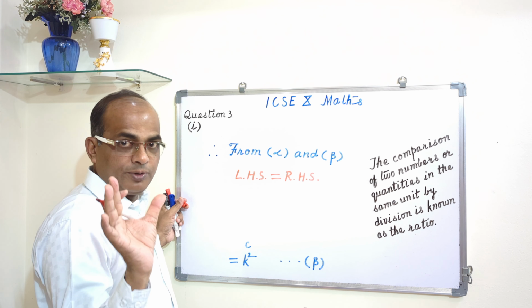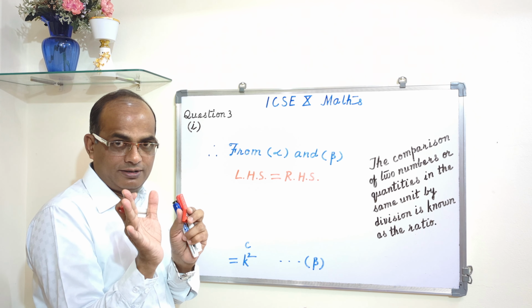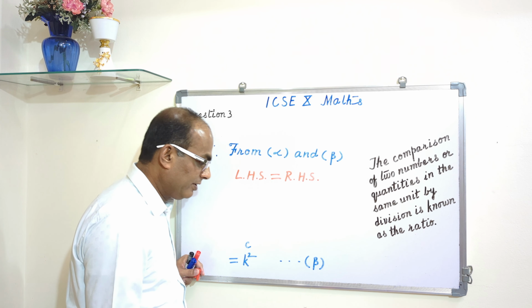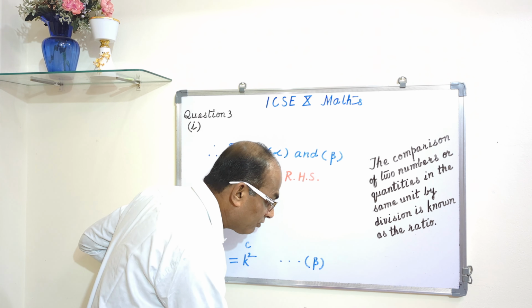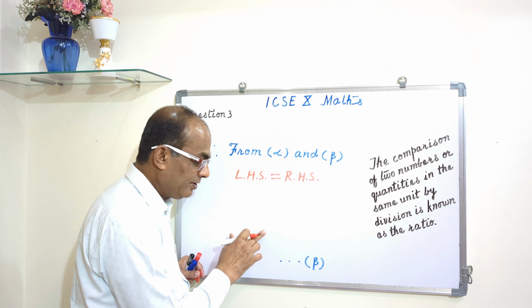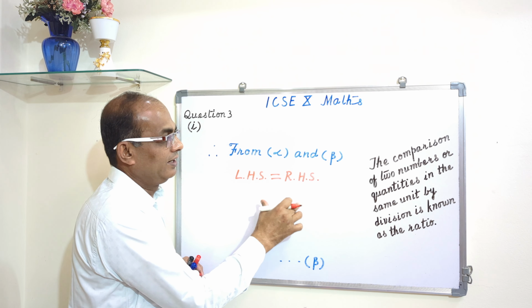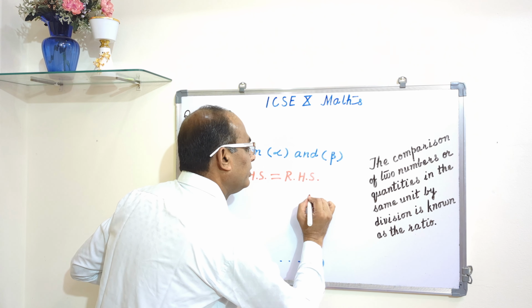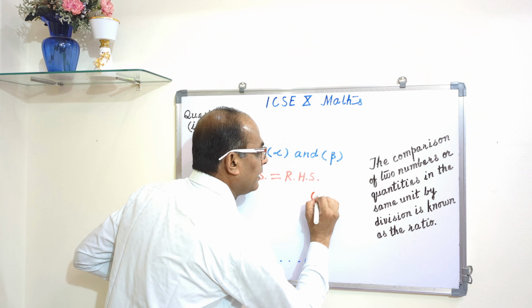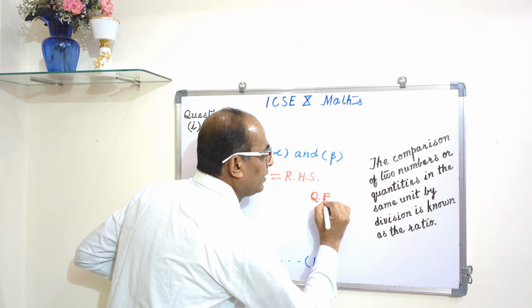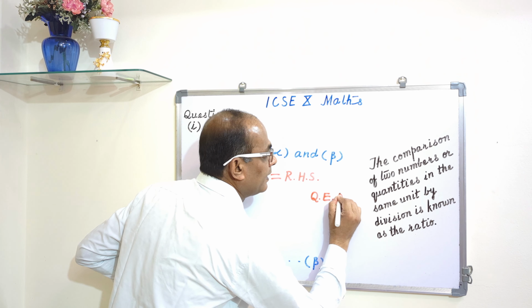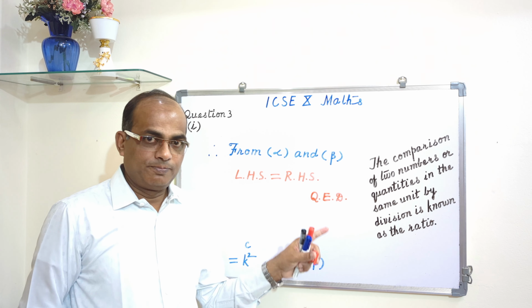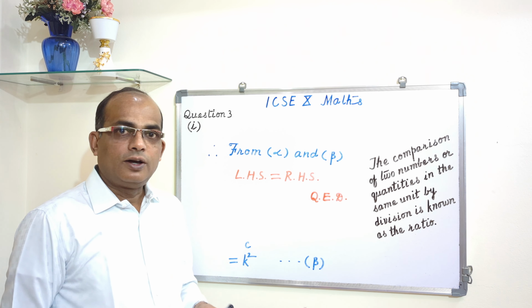If you have time, if your speed is good, then you can write down once again the given equation, the result, that is 3a square plus 5ab plus 7b square divided by 3b square plus 5bc plus 7c square is equal to a upon c, that question in a box. Otherwise, leave here. LHS is equal to RHS, and then here you write down proved. QED, quod erat demonstrandum. Proved.